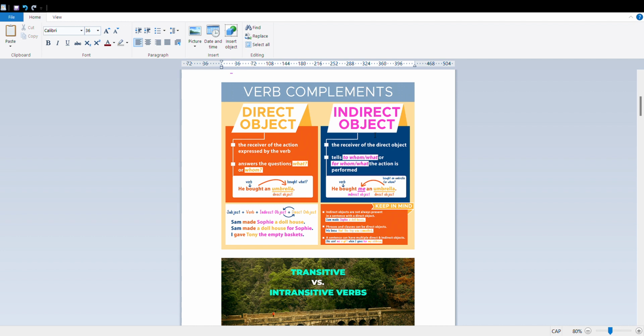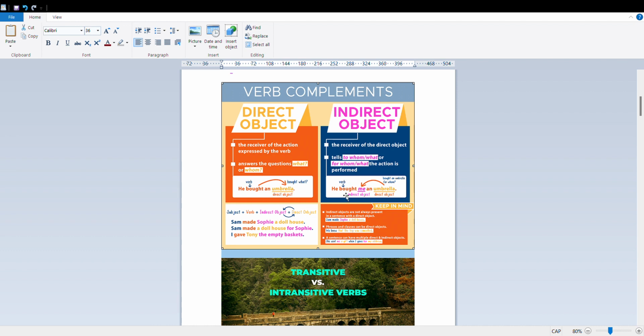In an indirect object, what happens is it is the receiver of the direct object. So it tells to whom or what, or for whom or what, the action is performed.